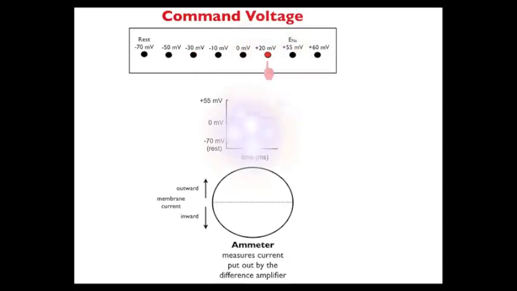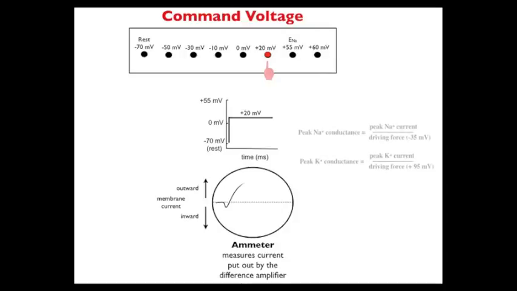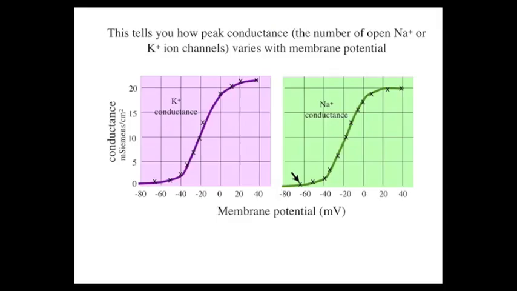Then do it at a different holding potential, in this case plus 20 millivolts, derive the current, and then calculate the peak sodium conductance and the peak potassium conductance from their equations. And in fact, we can do this at all the different holding potentials and generate the currents and then derive and calculate the peak sodium and peak potassium conductances at every one of these holding potentials. And that's what they did.